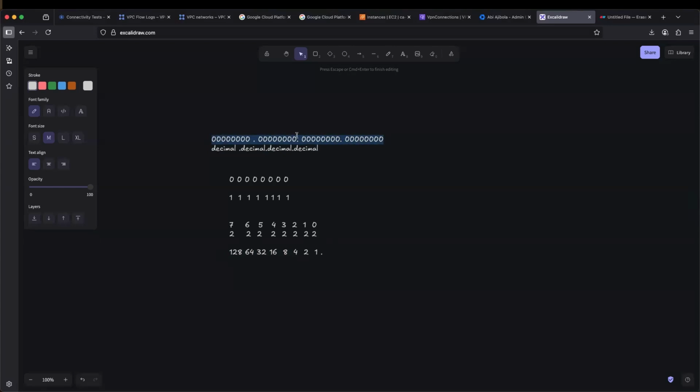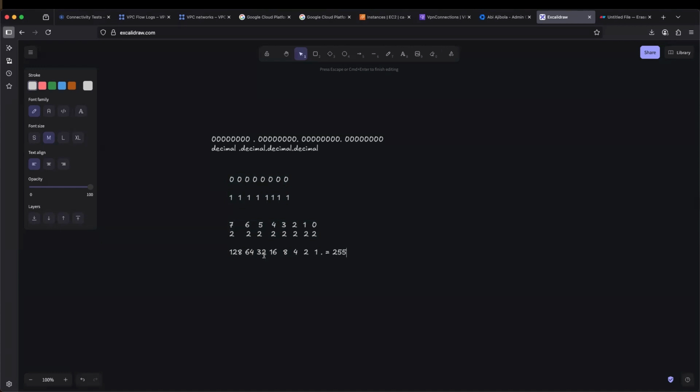When you add all of these together, 128, 64, 32, and so on, you get 255. So if you add 128 and 64, that is 192.